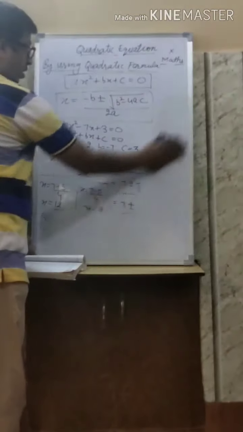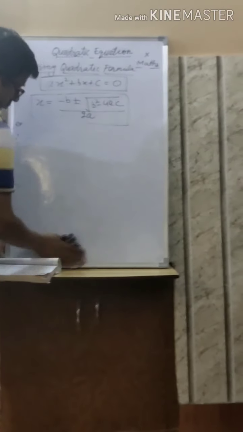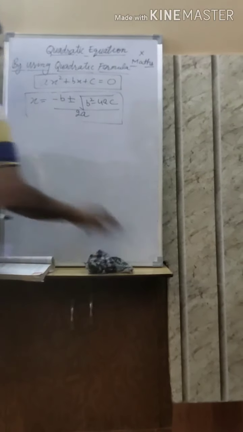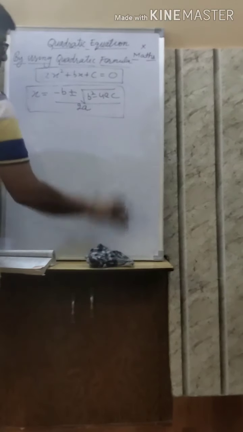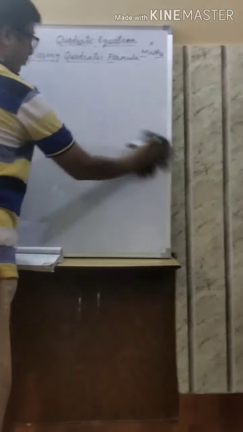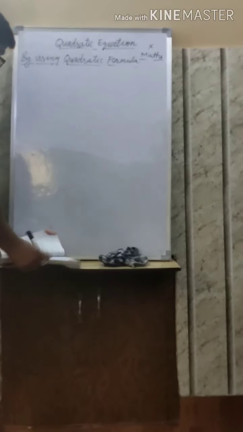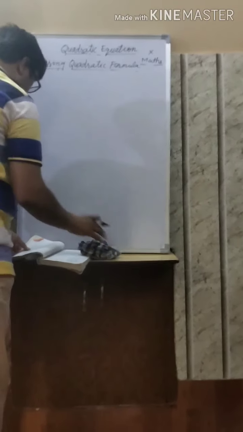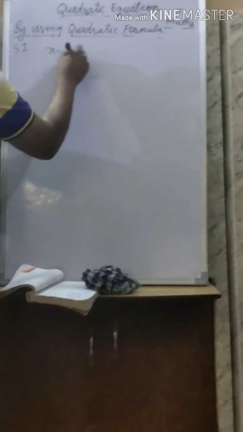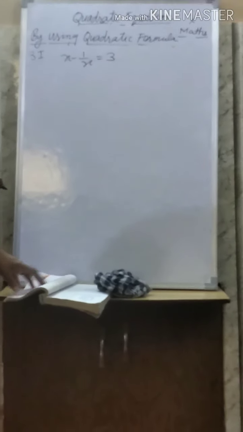So next question, you see. For example, the third question, first part: x minus 1 upon x is equal to 3.